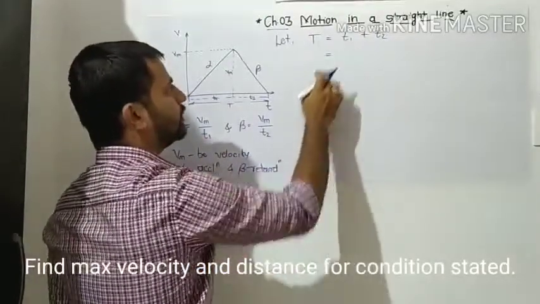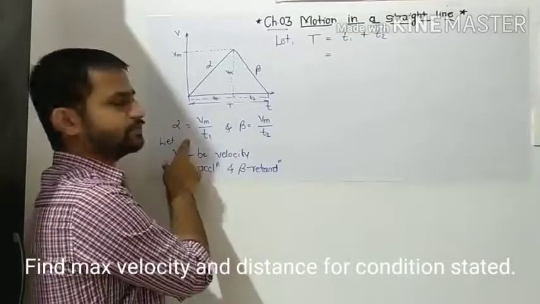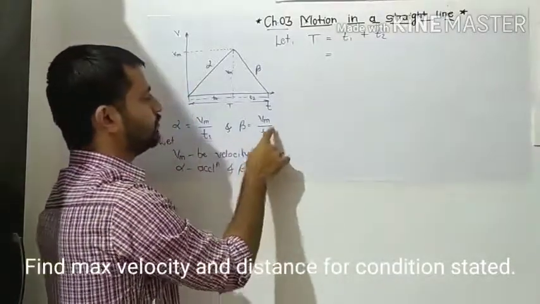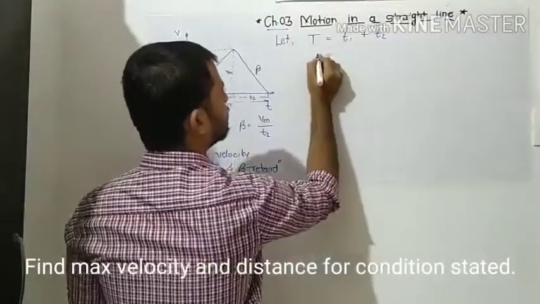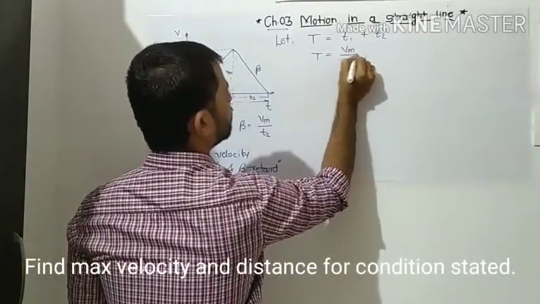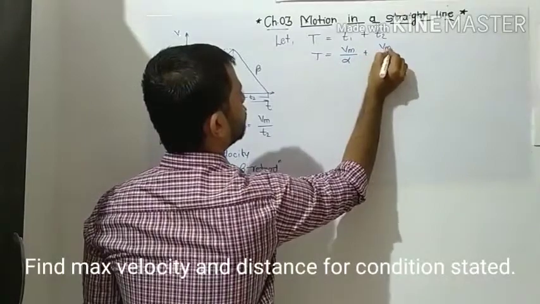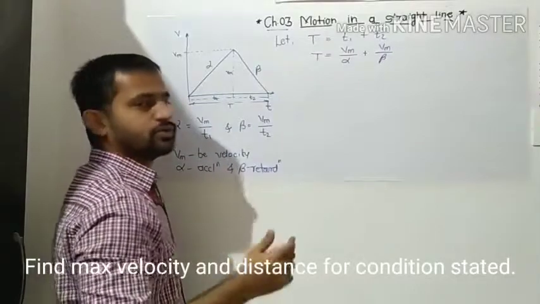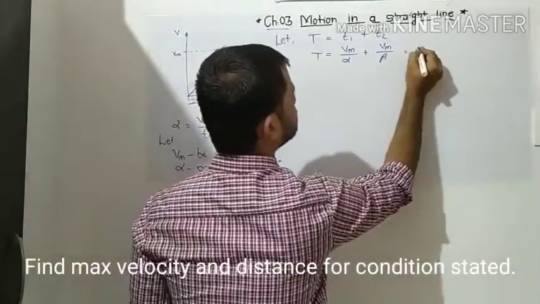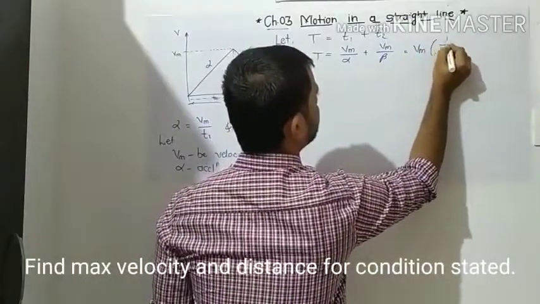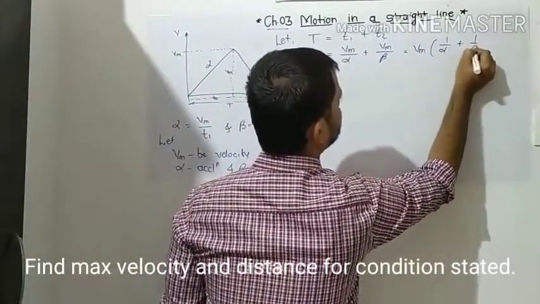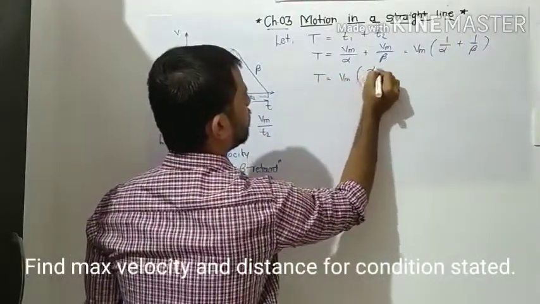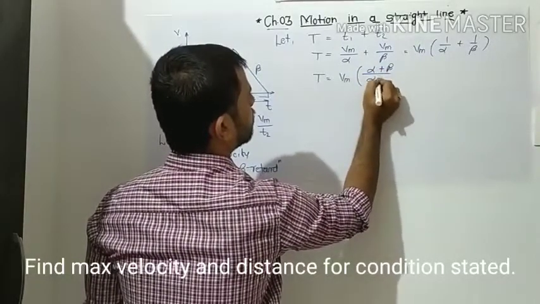So what is the T1 from this equation? T1 is Vm upon alpha. And what is the T2? T2 is equal to Vm upon beta. So we have T is equal to Vm upon alpha plus Vm upon beta. If we take Vm common, we get 1 upon alpha plus 1 upon beta, so T is equal to Vm into bracket alpha plus beta upon alpha beta.